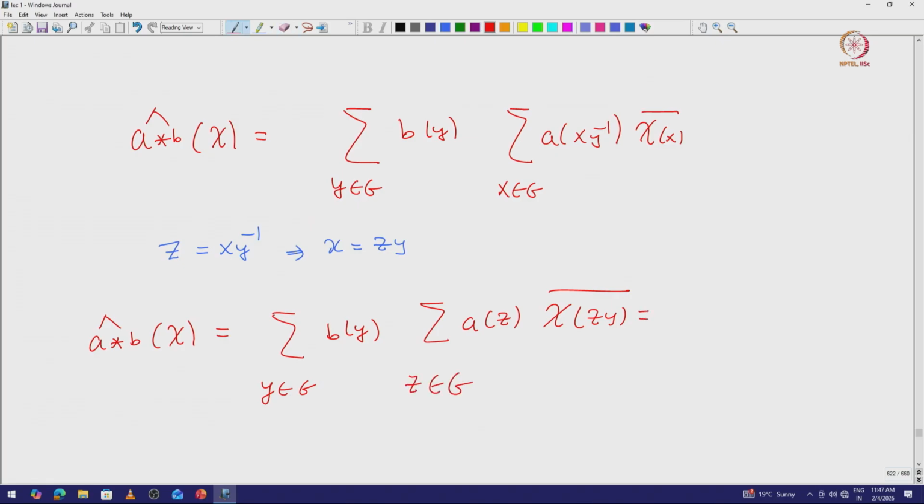Now this you can again simplify, because chi is a character, so it splits: chi of z y bar is chi of z bar times chi of y bar.